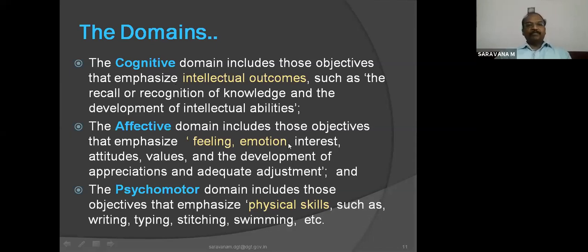And affective domain. The affective domain includes those objectives that emphasize feeling, emotion, interest, attitudes, values, and the development of appreciation and adequate adjustment. So, affective domain is related to feeling and emotional aspects, interest or attitude or value. These are all very, very important terms for the individual development.